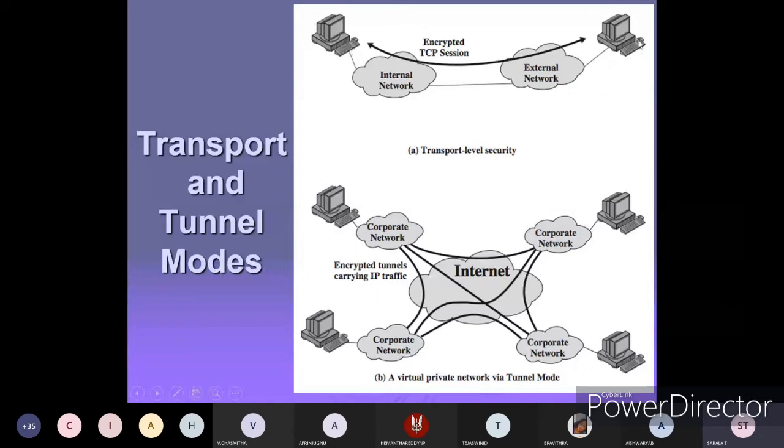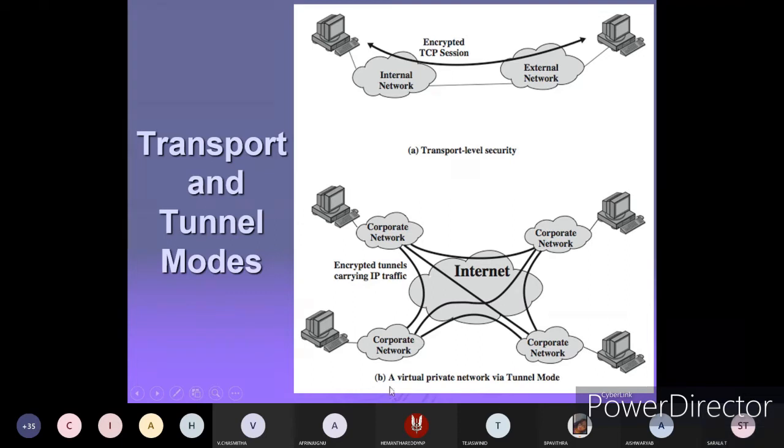If the person is working from home, the data present in the industrial systems can be transmitted through the internet using encrypted TCP sessions. Then it is connected to the external network, and a person in some other place can access the data present in the industrial systems. That is transport level security. I think you can understand this.